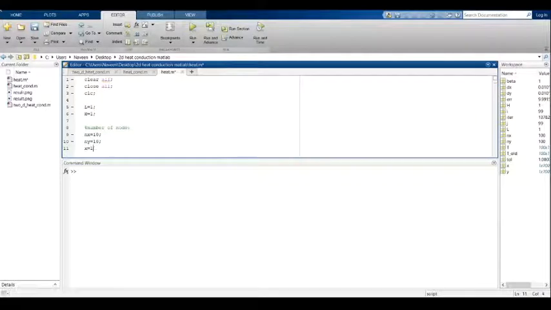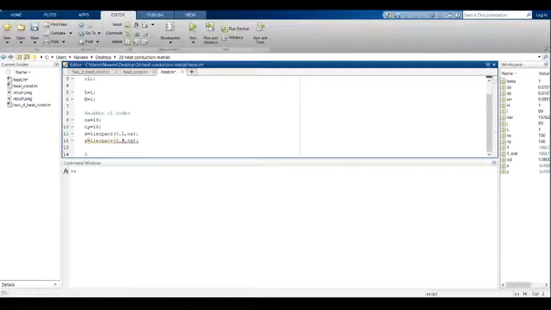x equals linspace 0 to L, nx, y equals linspace 0 to h, ny.